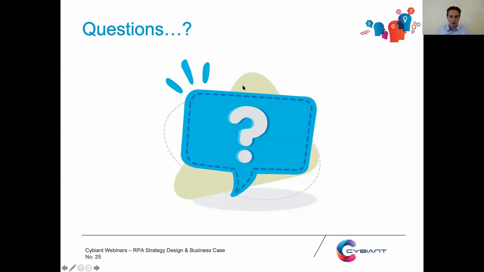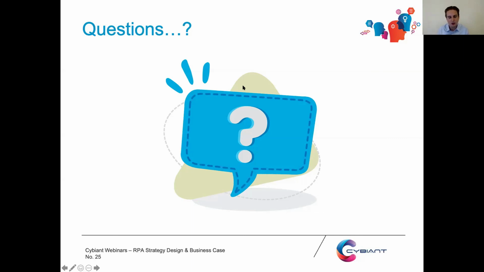Fourth question, what are factors you must look for in RPA software? Well, the answer to that is very interesting and also I think very clear. The software that you select needs to be able to fit your particular business needs. And what we mean with that is it needs to have integrations towards the data that is used in your organization.